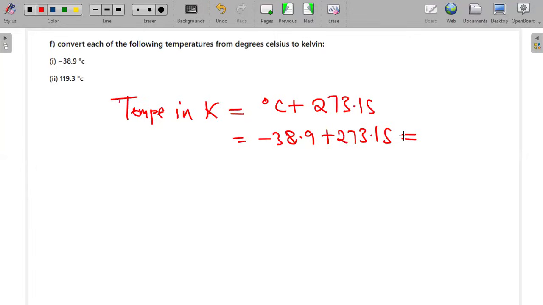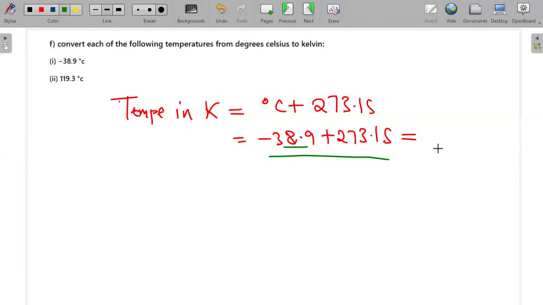Make sure that in your final answers you are considering the number of significant figures, because they are going to deduct marks if you are not. Remember the rule we said: when adding, the answer should have the same number of decimal places as the number that has the least. This one has 1 decimal place, this one has 2, so my answer should have 1 decimal place.